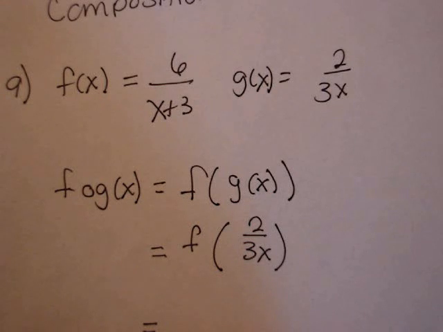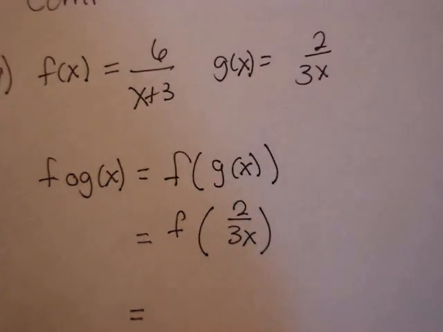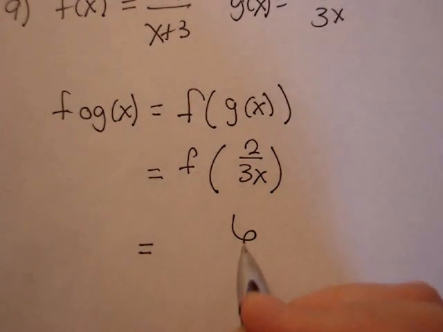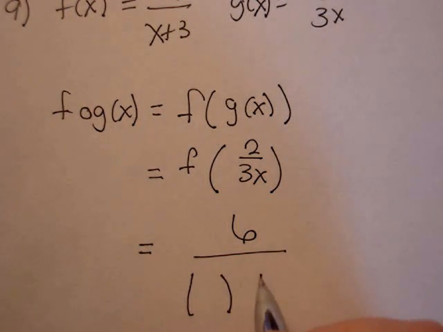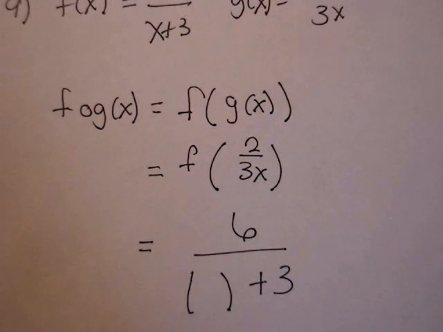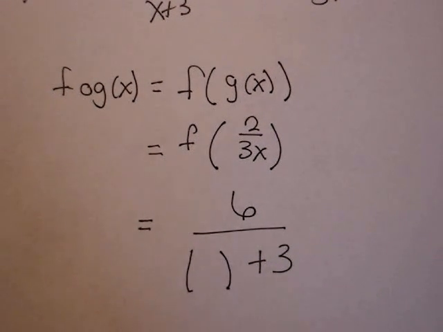What does f tell us to do? f tells us take 6 and divide it by the sum of your input value and 3. What's the input value this time? It's not x. It's g, 2 over 3x.